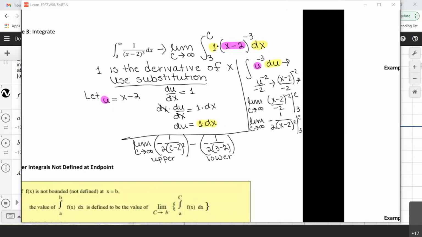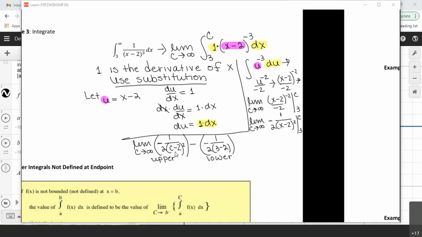Now here's a great example of what we were talking about in the last problem. C is blowing up. It's getting huge. Will it matter if I subtract 2 from it? Will subtracting 2 from C matter if C is enormous?